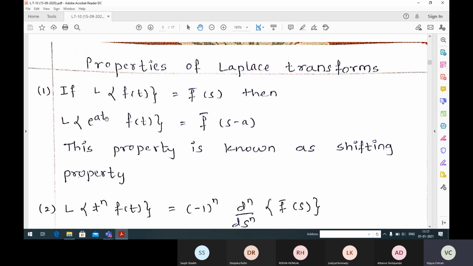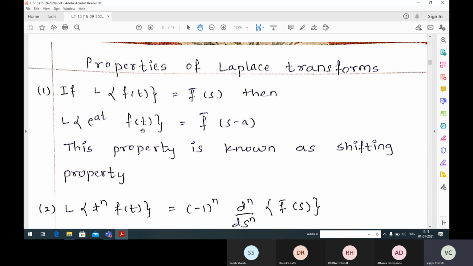So first property is known as the shifting property. What is that shifting property? If Laplace transform of f of t is equal to f bar s, by definition, then Laplace transform of e raised to at f of t is equal to f bar s minus a.